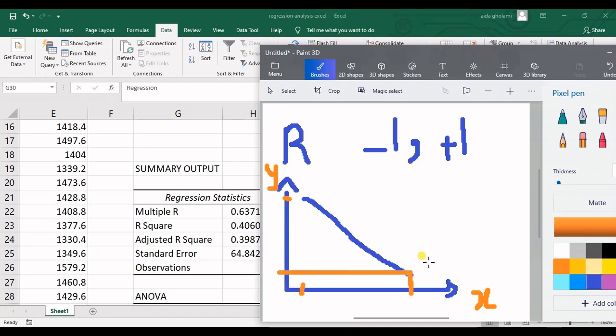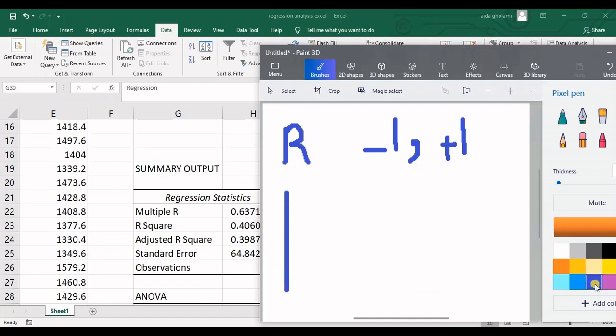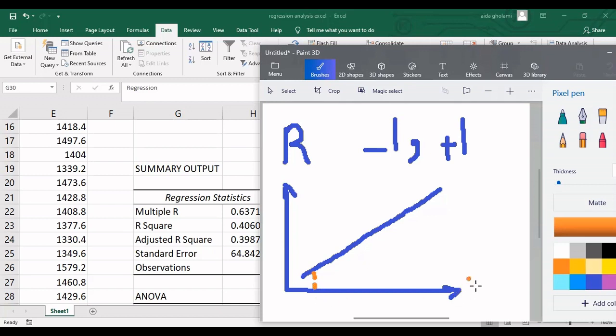But for plus 1, what we have is a strong direct relationship. What we mean is that whenever x goes up, y also goes up, and wherever x is down, y is down.